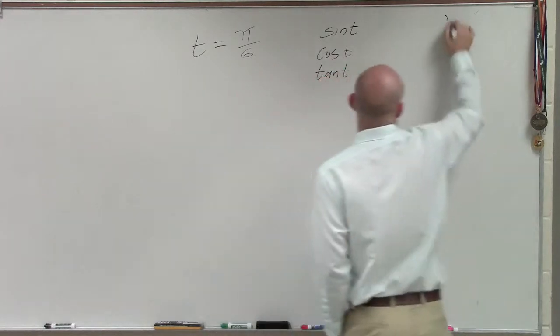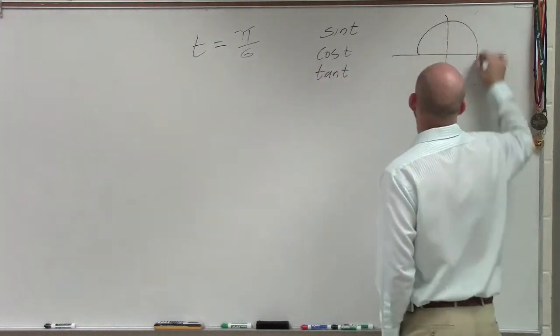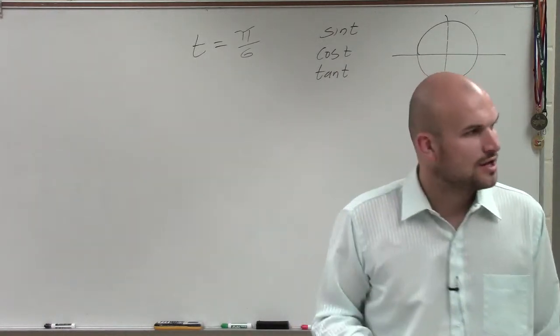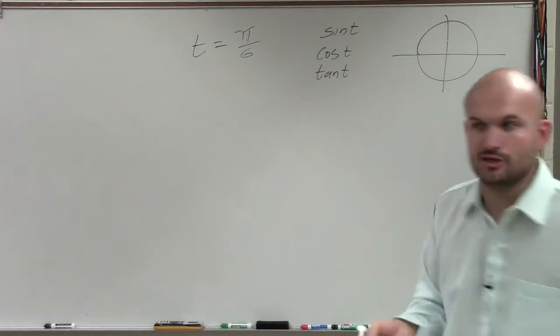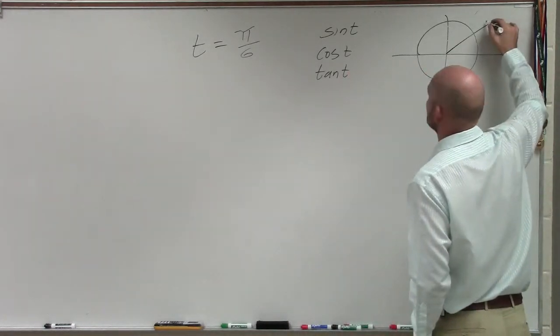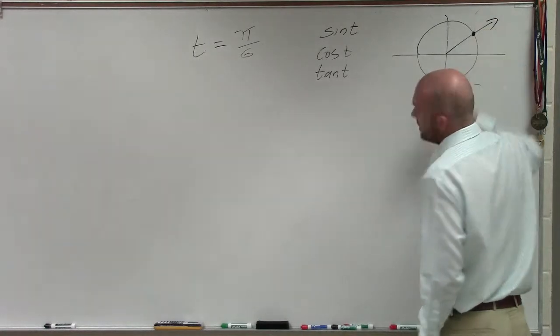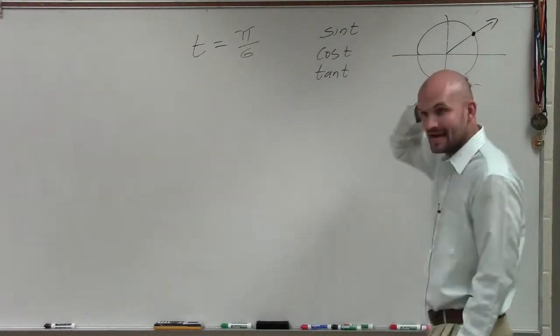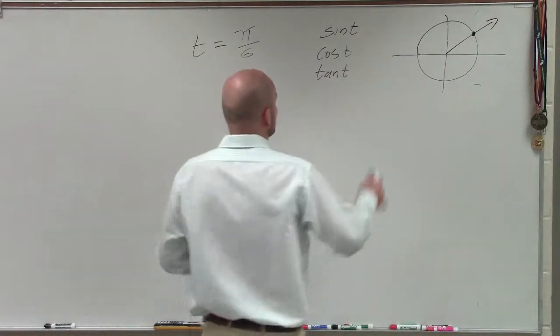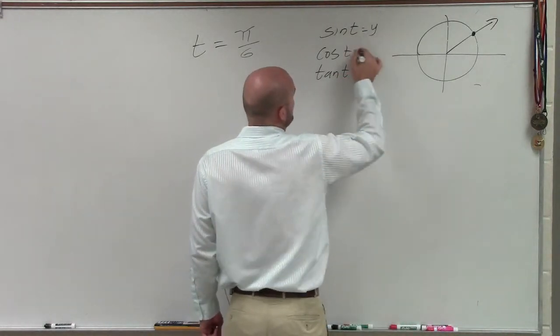And what was so nice about knowing the unit circle, or at least having certain angles on the unit circle, is that we have the value of the point. And remember, each one of these points had an x and y coordinate. Now, it was nice to understand that the sine of t represented the y coordinate.